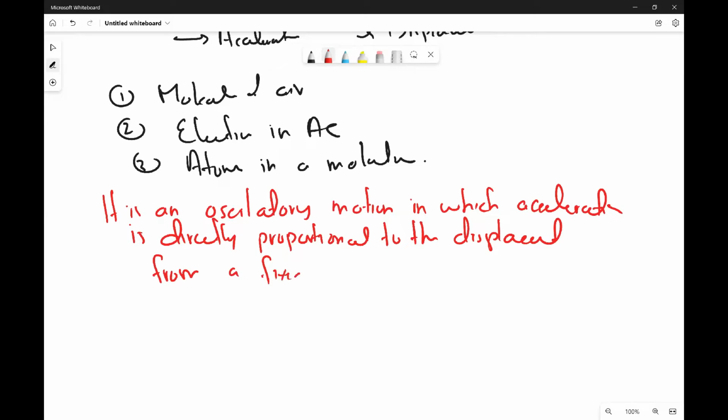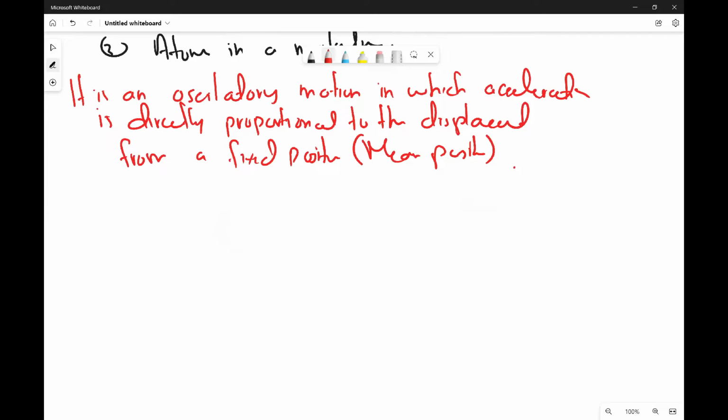You can also call it mean position. For example, let's understand the keywords here.